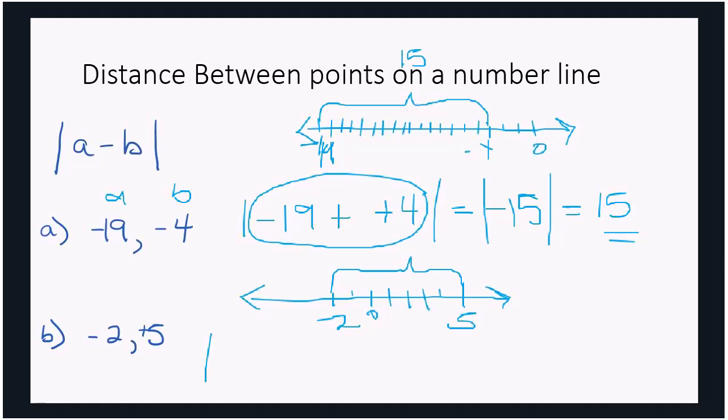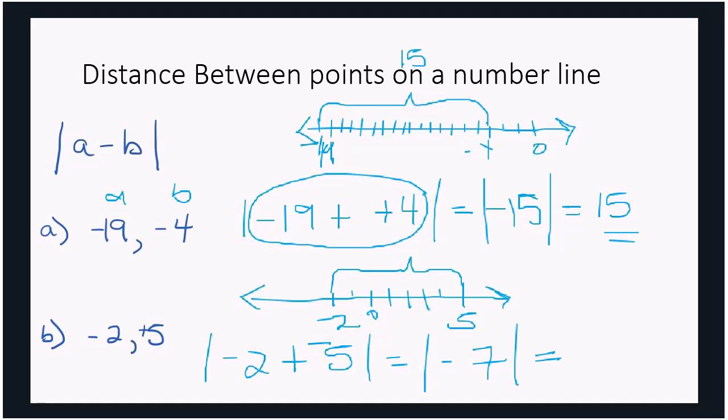You're going to use that formula of a minus b, so -2 subtract +5, and that's going to be the absolute value, like that. So -2 subtract 5 is the same as adding the -5, just the integer rules we were talking about in the refresher unit. And -2 plus -5 gives us the absolute value of -7.